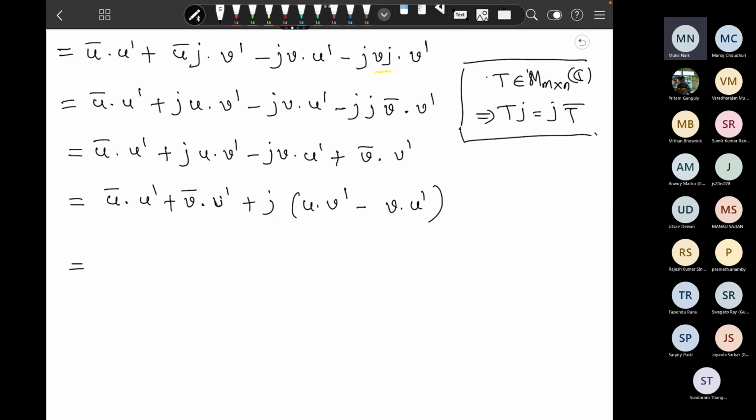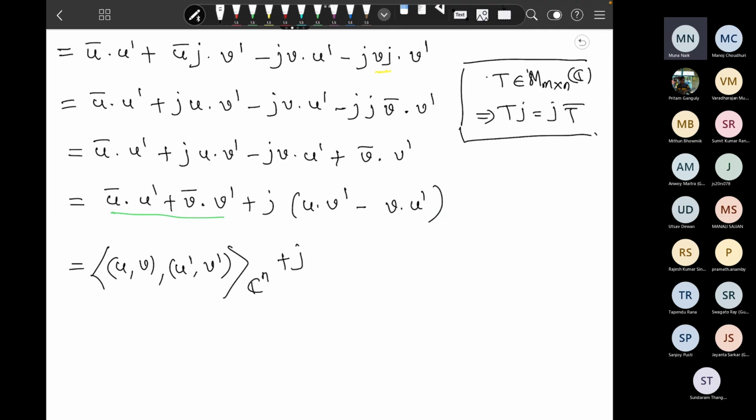So look at this first thing carefully. This thing is the inner product of UV and U′V′ on Cn.